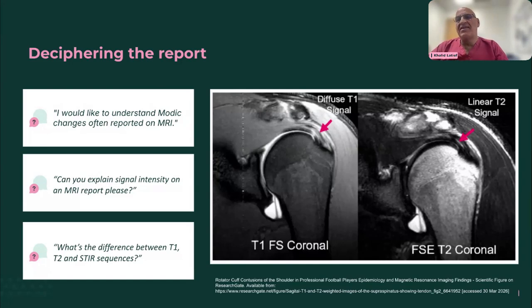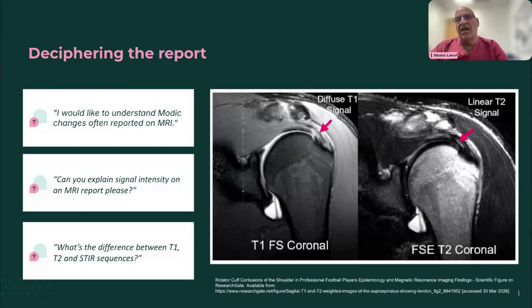Type 1 starts off with edema of the bone marrow, so it'll be low signal, i.e. dark on T1 and high on T2. Type 2 is basically fat, so it'll be bright on T1 and bright on T2.